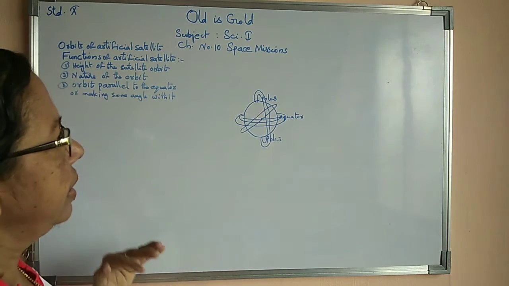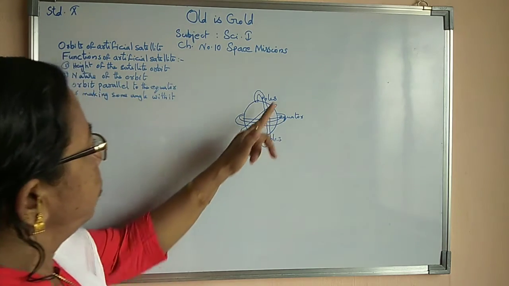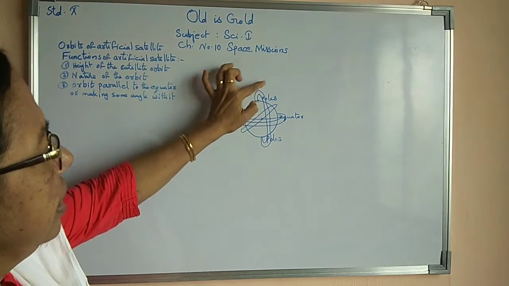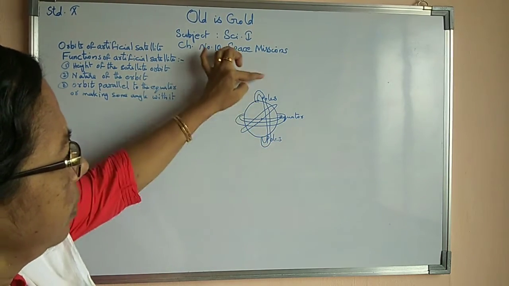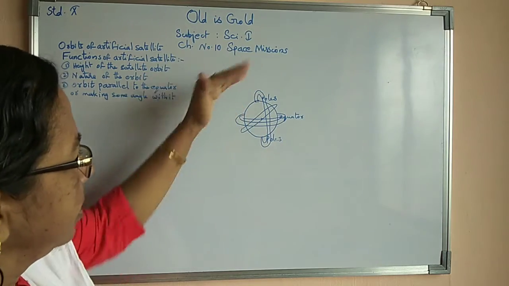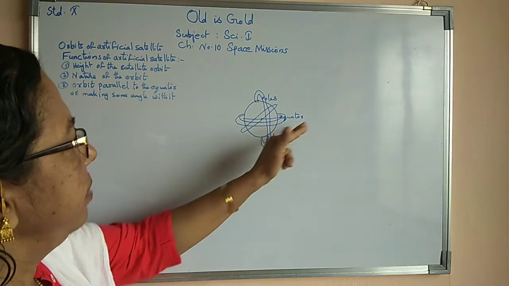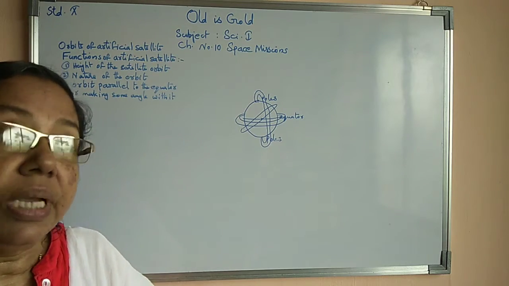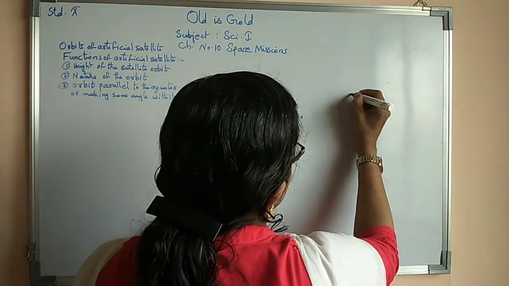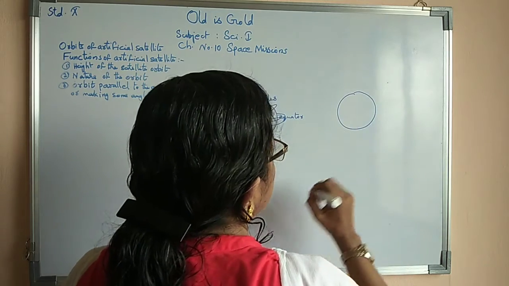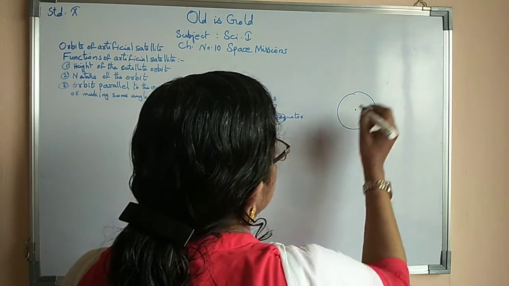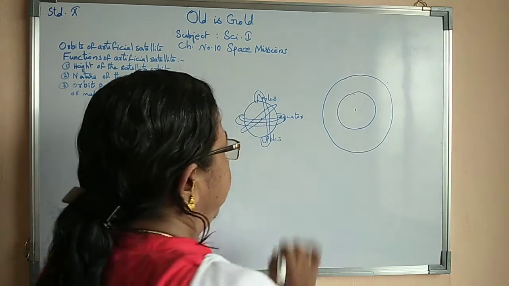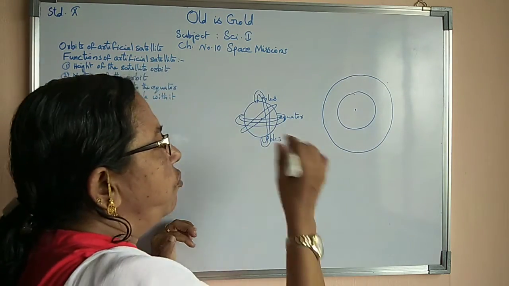Now you understood the two poles of the earth, and different orbits: through the poles, around certain angles, and around the equator. Now just imagine this is the earth, this is its center, and this is one of its orbits.